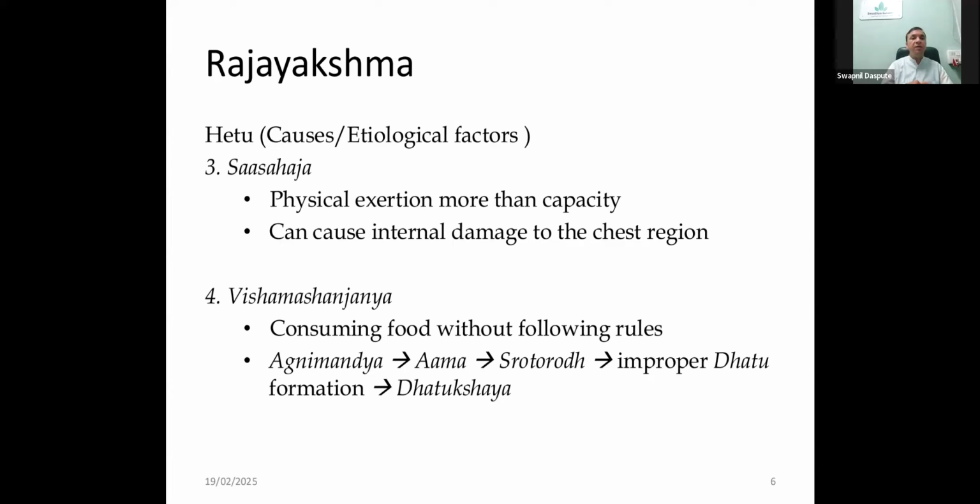So how does it happen? Agni Mandya, Ama formation, Srotorodha, improper dhatu formation, and dhatu kshaya. Okay, we will see the samprapti, but when it is Vishamashana Janya, Agni Mandya will happen, Ama formation will happen because the body is not in a capacity to digest that particular food item, because it is not the natural way of consuming it, or it has gone into a transformation which it ideally should not go into and is consumed.